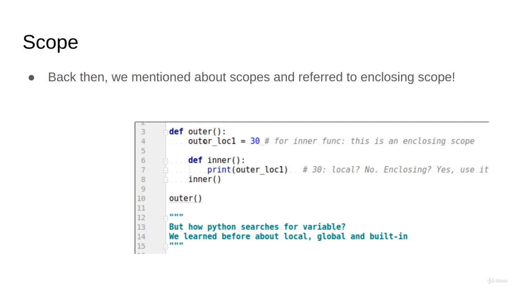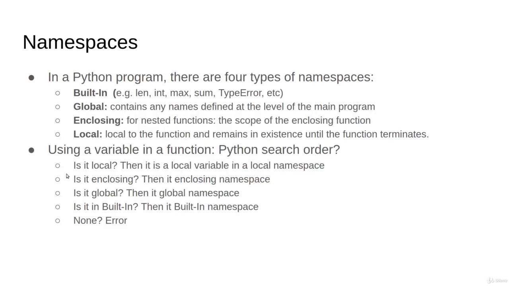It has its own local variables. There could be global variables, but if there are variables available in the outside scope, it is going to use them. So the rule now: is it a local variable? If yes, use it. If no, the second step: is it an enclosing variable, meaning is this variable in the enclosing function? Here is the big picture that we already learned before, but now we are adding the enclosing case. Python has four types of namespaces: built-in, global, enclosing, and local, and the order matters a lot.